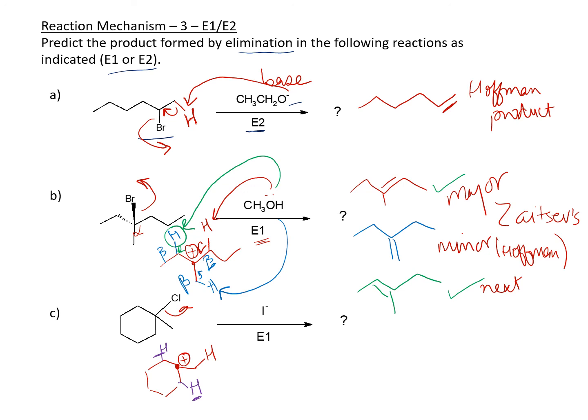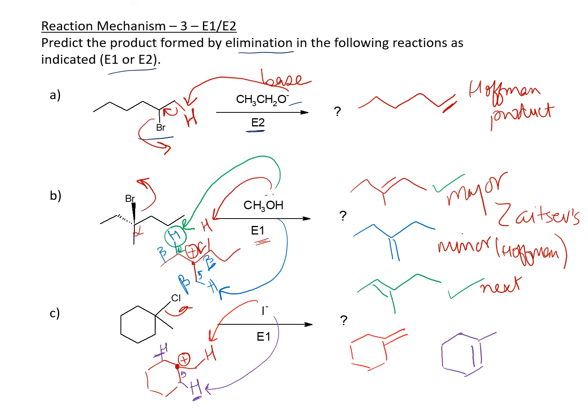So let's go ahead and write the first one out, which means that this hydrogen is being picked up, and so the product you end up getting here is going to be this one. And then if the purple one is being picked up, which means this one, then the product you will get is going to be this.